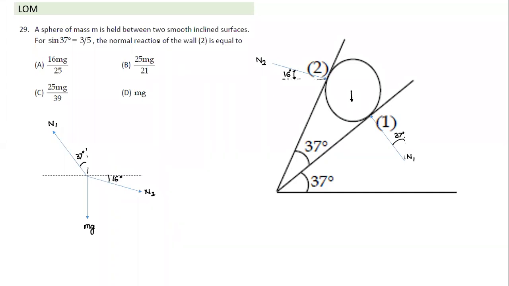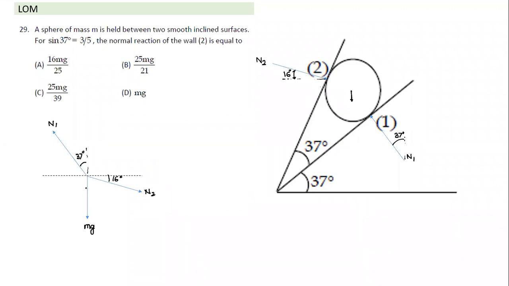What is required to find? I am required to find only N2. We need to find the normal reaction at wall 2. So how do I make my calculation simpler? I am not interested in N1. If I can write an equation which has only N2 and mg, not N1, then I can solve in one step.